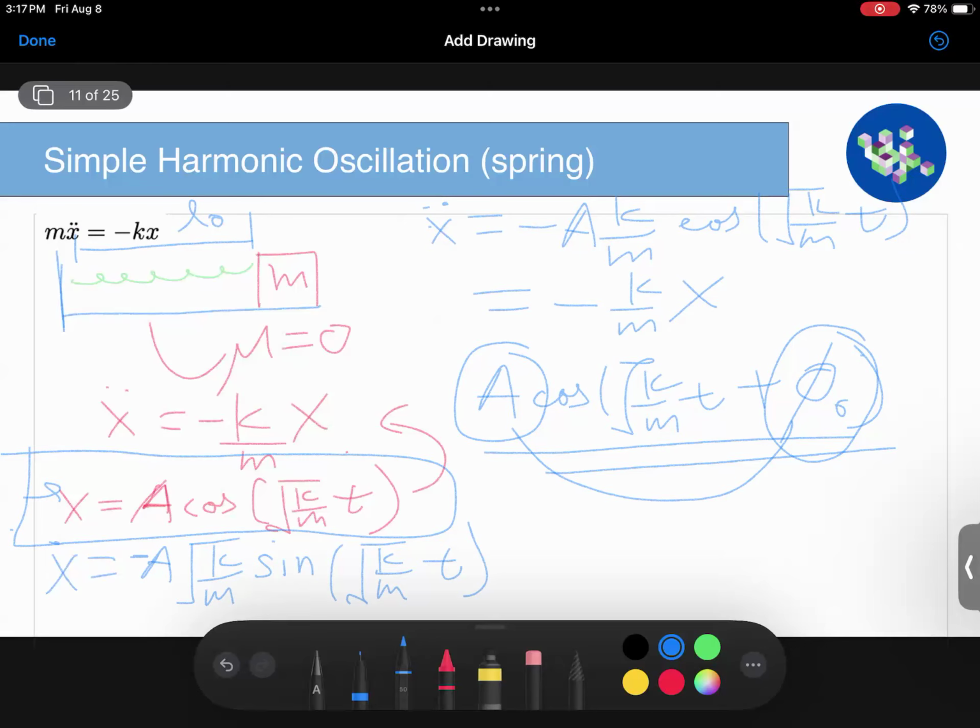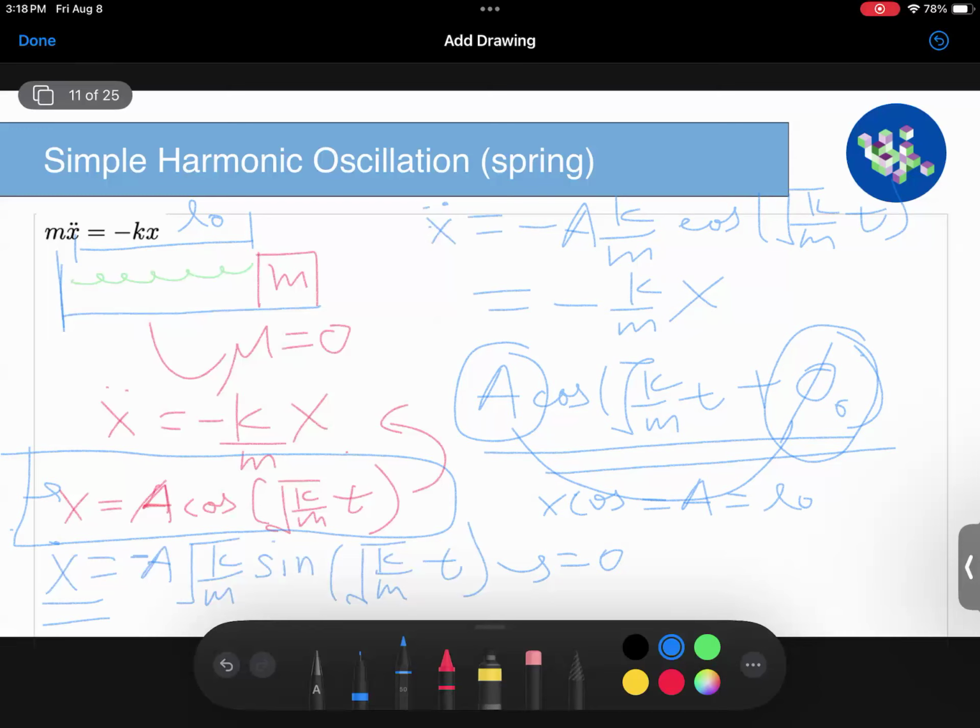Then if I plug in t equals 0, I get x0 equals A, which is equal to L0. And also x dot in the beginning is equal to 0.